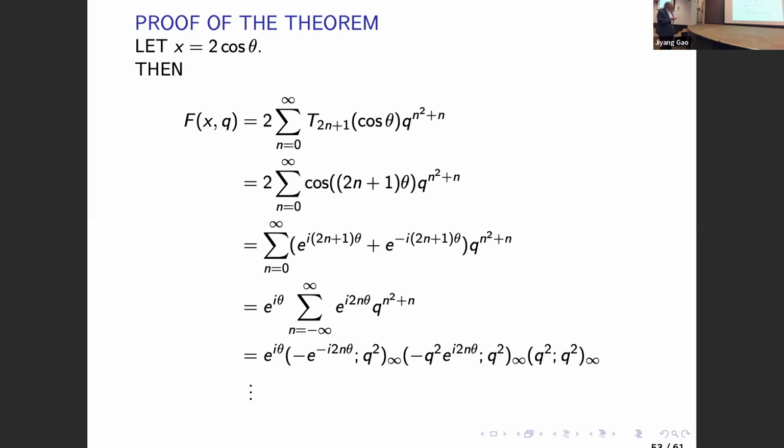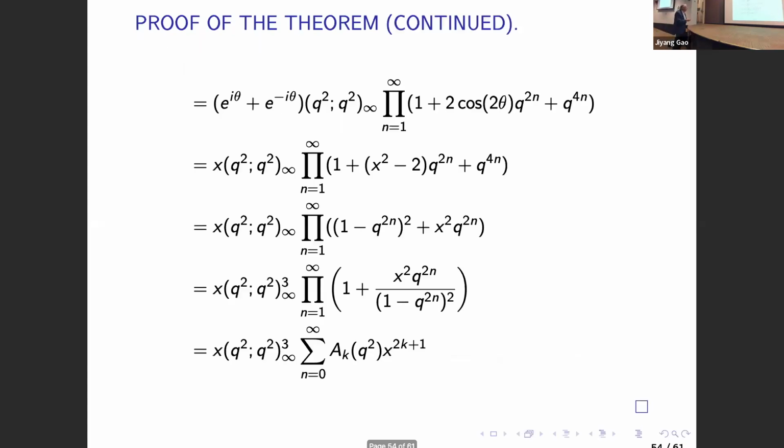You now write down what this is. You change it into the bilaterally infinite series, and this then sums up to a product by the Jacobi triple product identity. And we now work back to get things involving x, where x was 2 cosine theta.